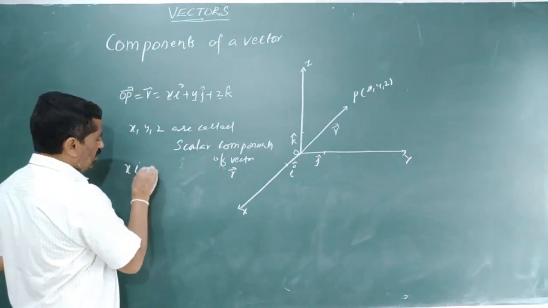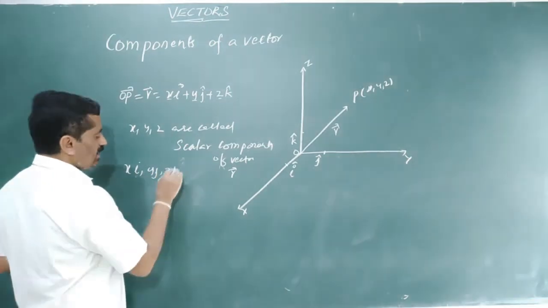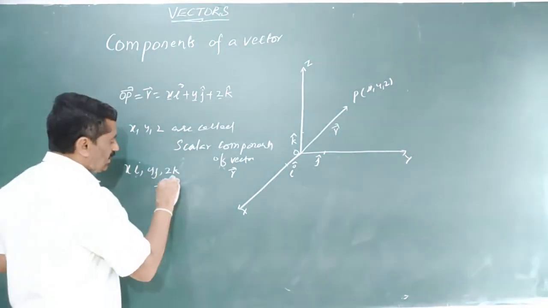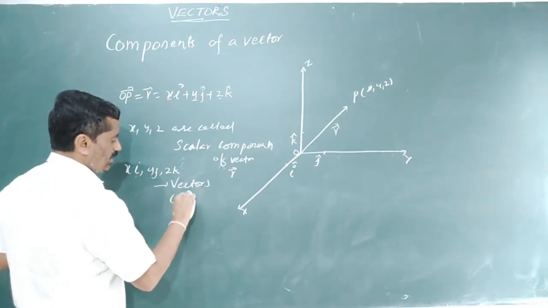And xi, yj, zk are called vector components.